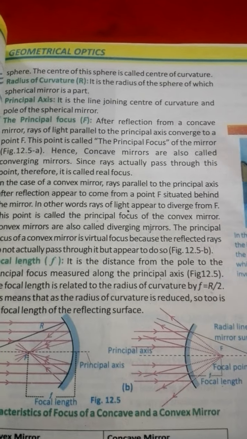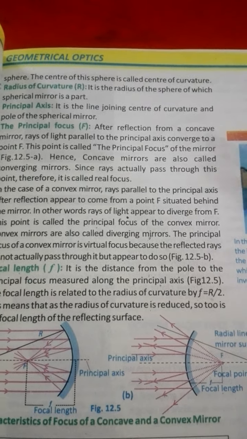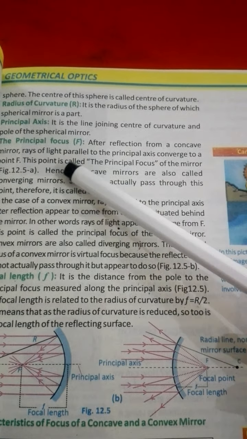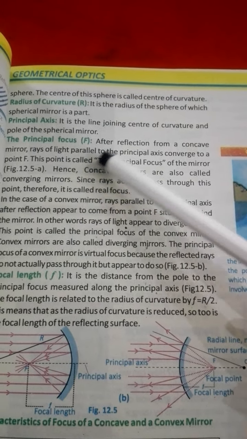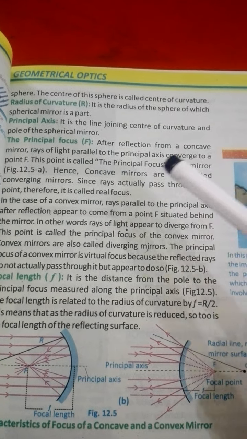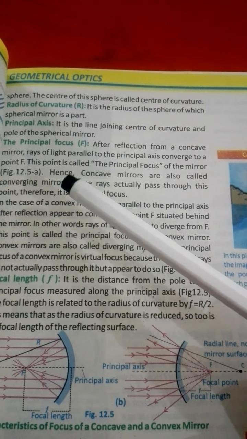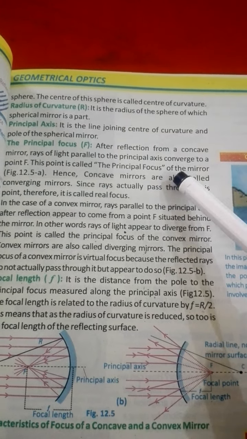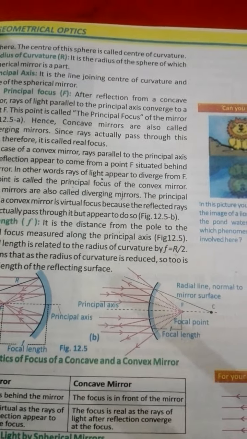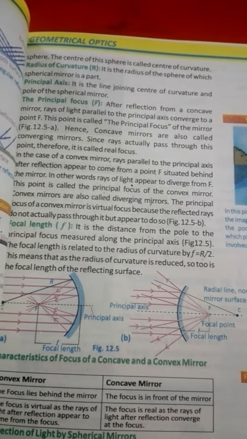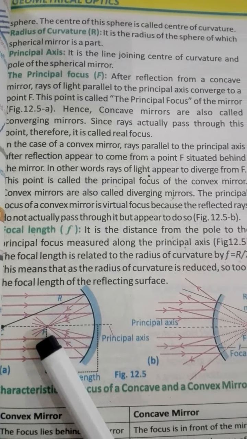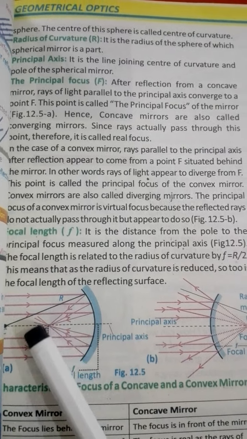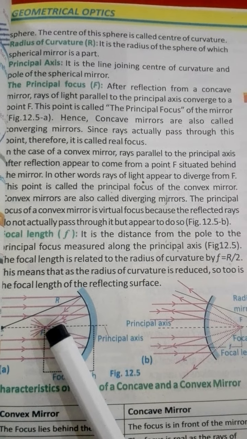Then we have principal focus, capital F. What is principal focus? It is the reflection from a concave mirror, rays of light parallel to the principal axis converge to a point F. This point is called principal focus of the mirror. Like if I show you here, this is the capital F. It is the point where reflected rays meet.